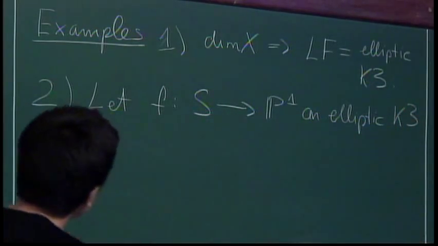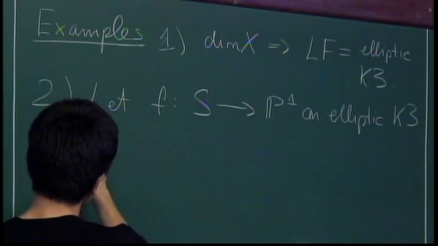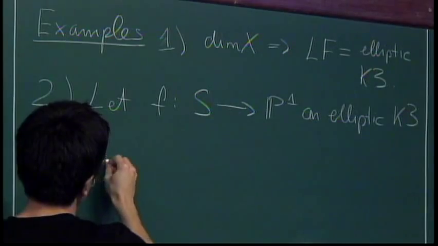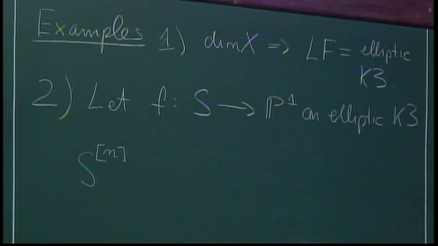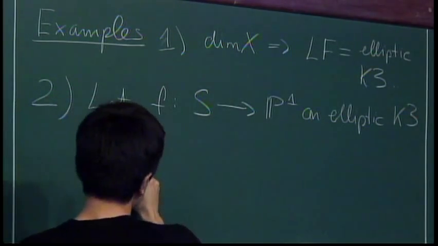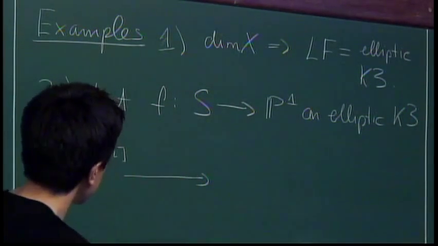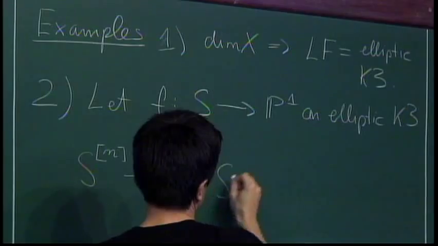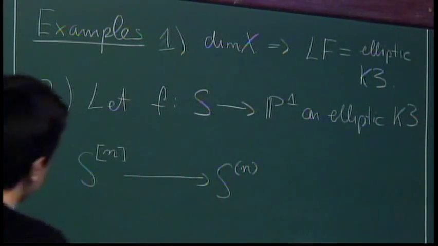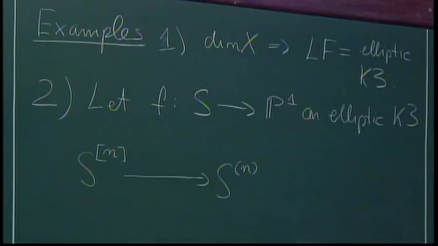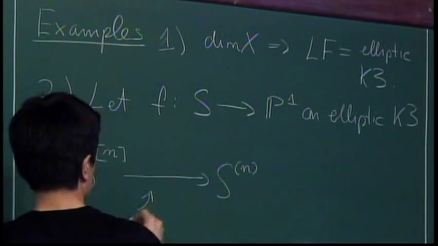Then we can look at the Douady space of n points, or if you want, the Hilbert scheme of n points, S^[n]. Then take here the Douady-Barlet map to the n-th symmetric product of S, or Hilbert-Chow map as you like it.